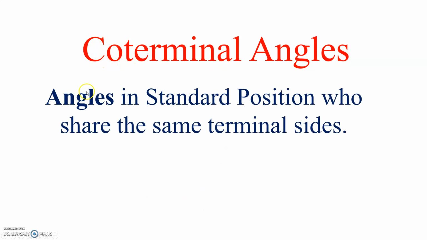So, angles in standard position who share the same terminal side. And to reiterate, if they are in standard position, that means the initial side was actually on the x-axis. So coterminal angles, one can conclude, have both the same initial and terminal sides.